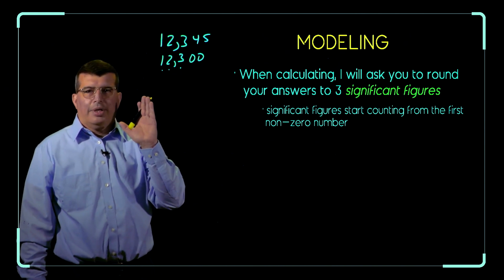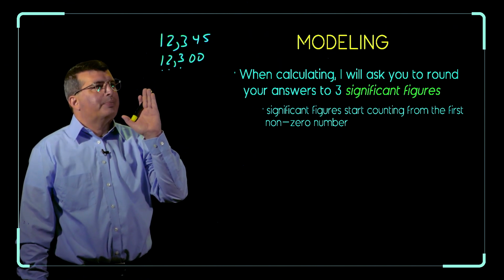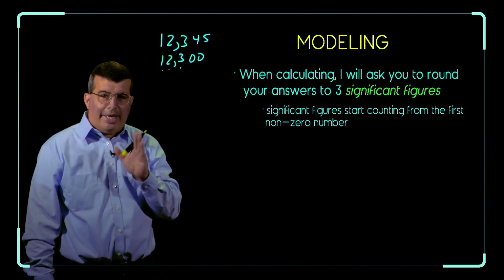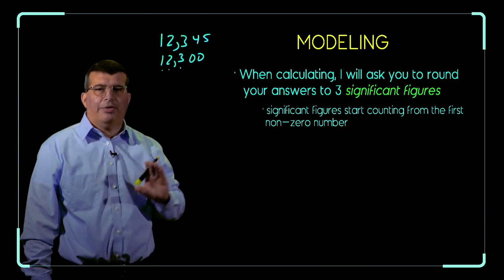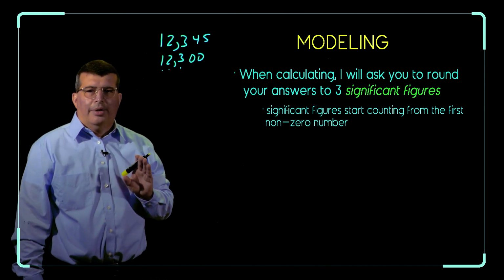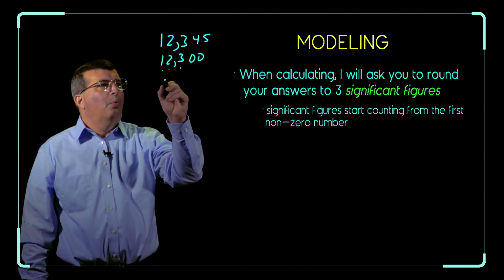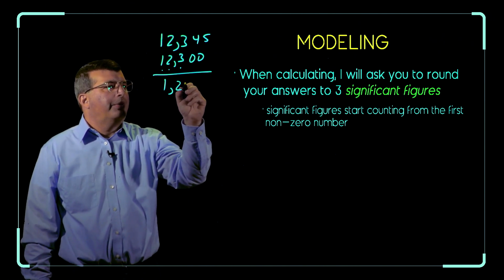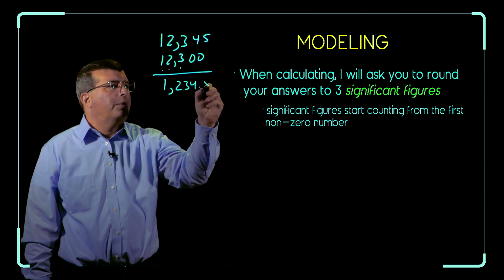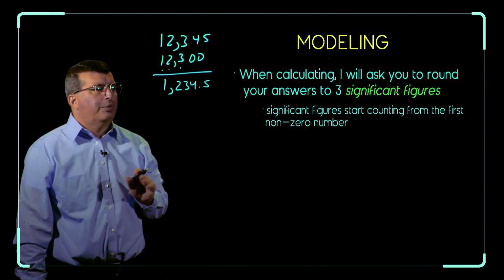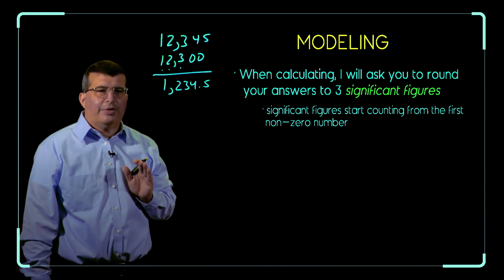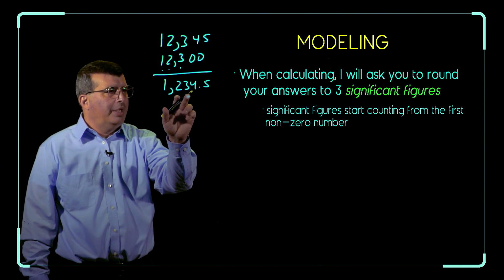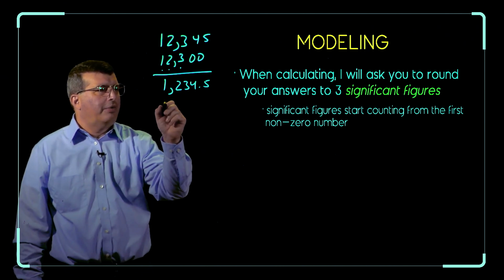I'm talking about keeping the first three non-zero digits and rounding everything else off. Okay, how about 1,234.5? If we want to round that off to 3 significant figures, that would once again be the 1, the 2, and the 3, and we will round everything else off.